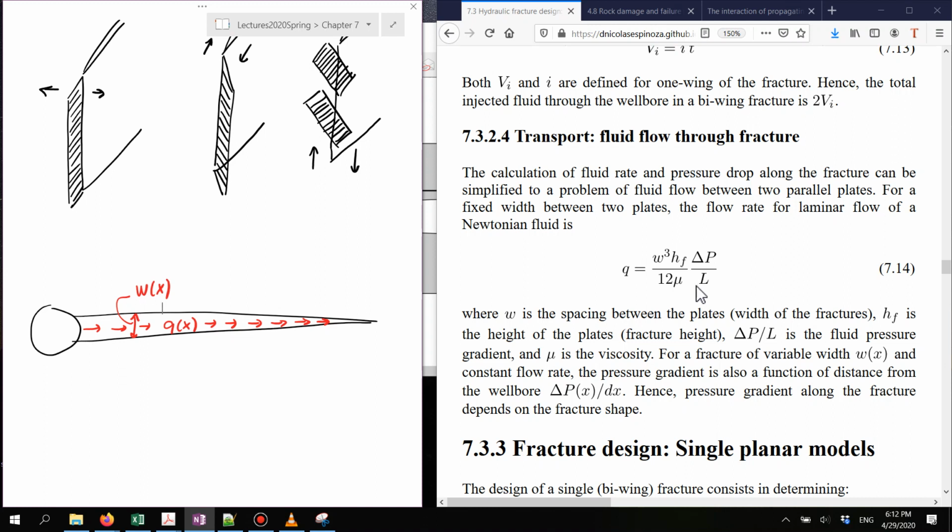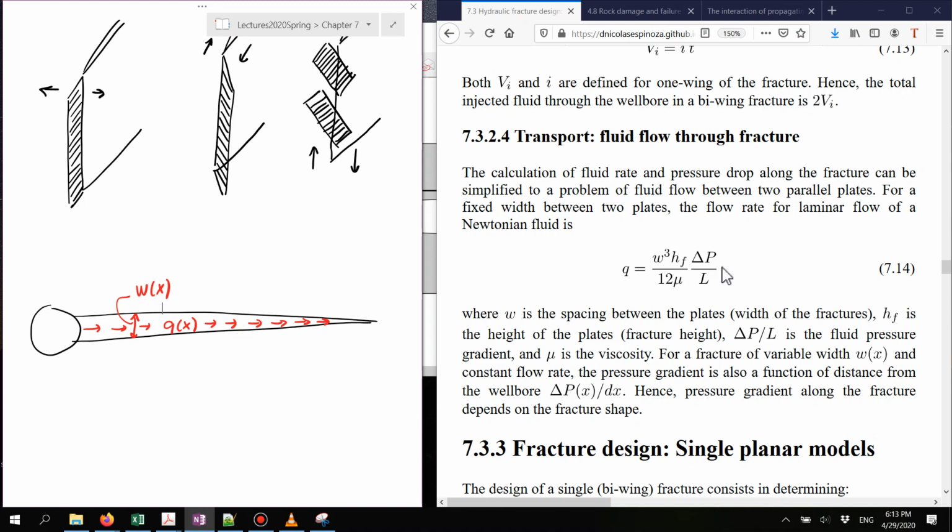We can use this equation also in fractures, but we just have to take into account that the width is going to vary with the distance from the wellbore to the tip. And we saw before how to calculate that width, so we know that part of the problem. The other part of the problem is to know the fracture height, something that we will take for granted in this discussion and explore a little bit further on.